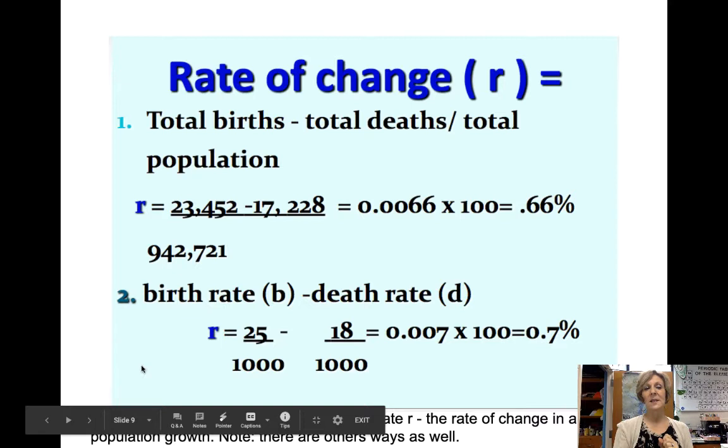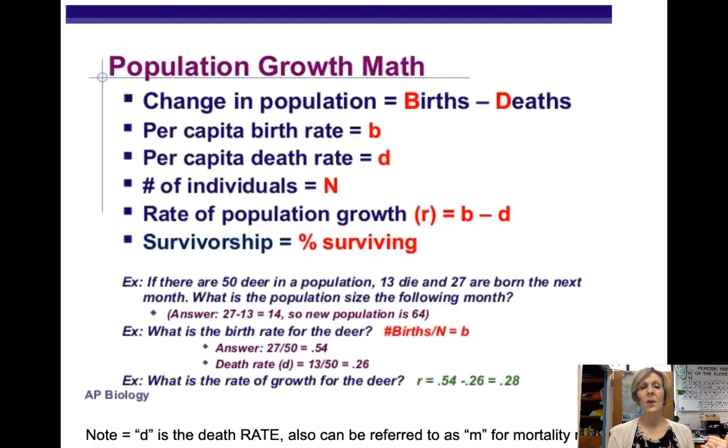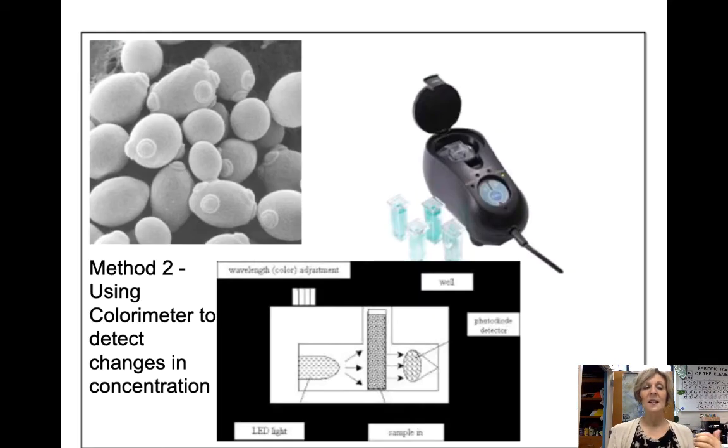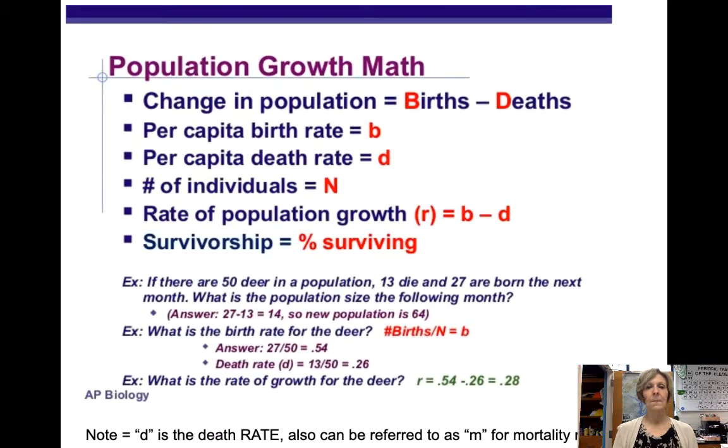One of the ways that you could calculate r is you could take the total births minus the total deaths and divide by the total population. Or another way you could do it is just to subtract the birth rate minus the death rate. There are other ways to calculate this as well, but those are two ways that you could do that.